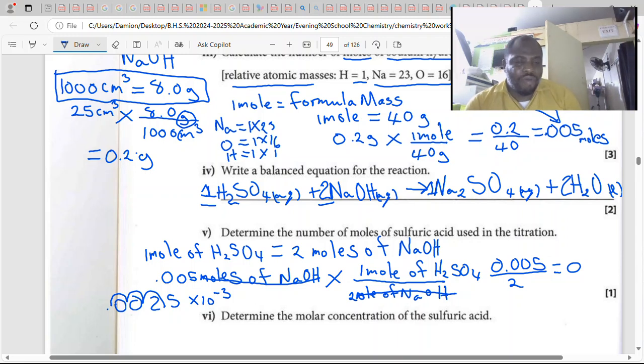Or you can always check with your physics teacher or a math teacher. Just go to the math teacher, because that is something you need to sort out if it's giving you a problem before you go into the exam. Because simple things like that. So if you're seeing that negative sign, 10 to the negative 3, all we're saying is that we move the decimal places to the left 3 times.